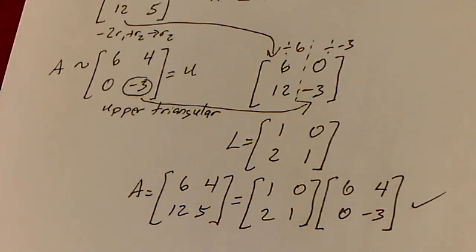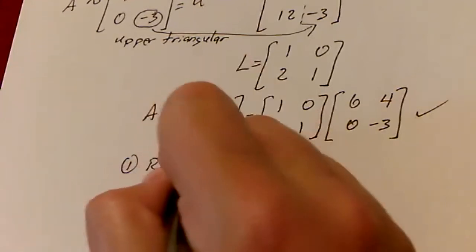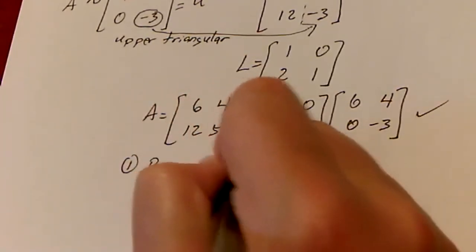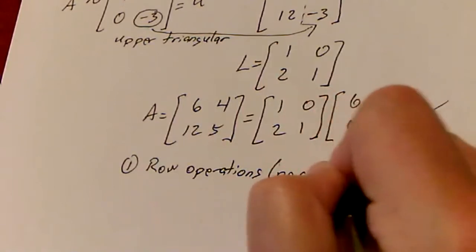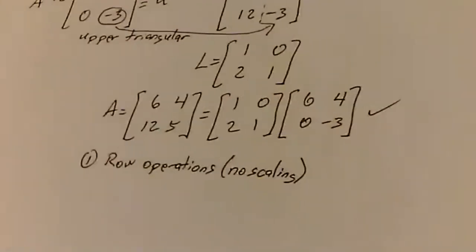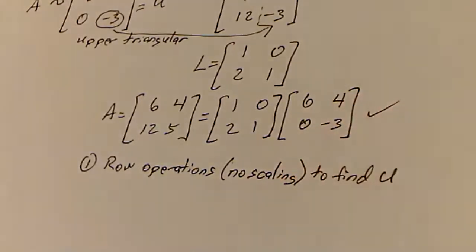So you find U first by doing row operations. Step 1, row operations, no scaling, just replacement to find U. So remember, U is upper triangular.